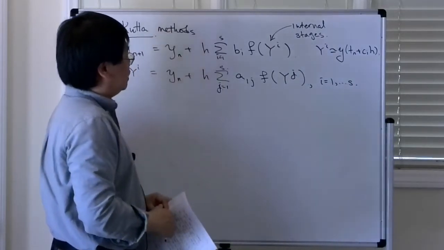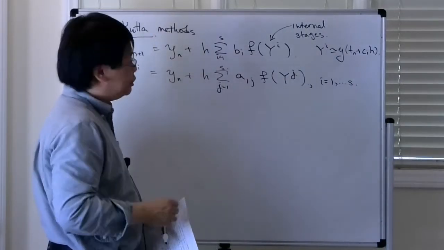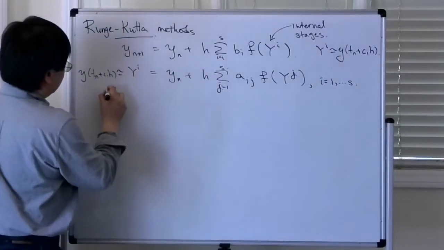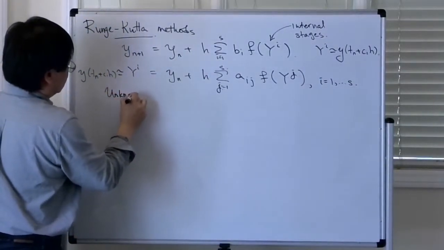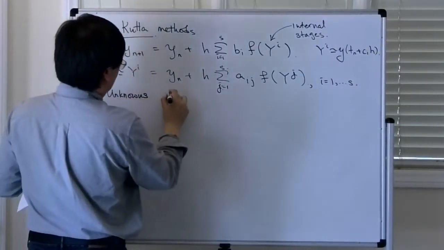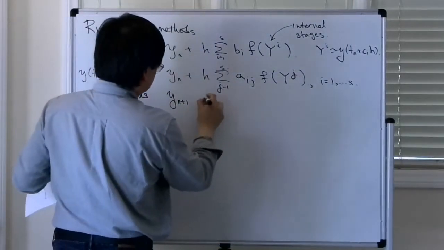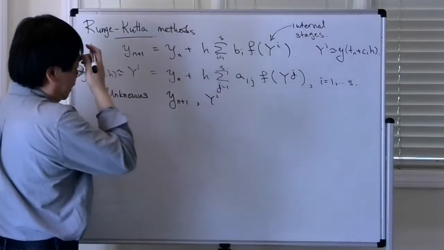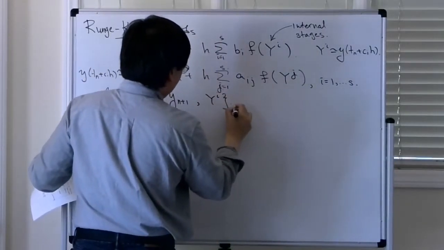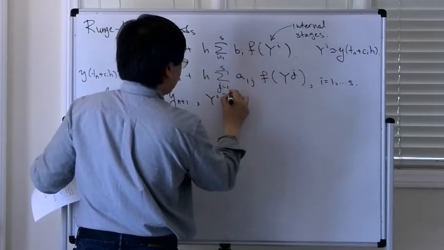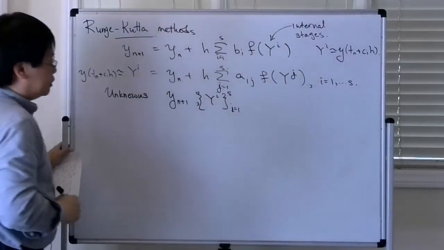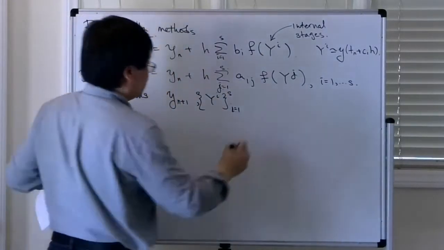So let's look at what you know and what you don't know. The unknowns here are the new solution, y at n plus 1, as well as the internal stage values yi, where I is allowed to vary from 1 to s. So there are s plus 1 unknowns.